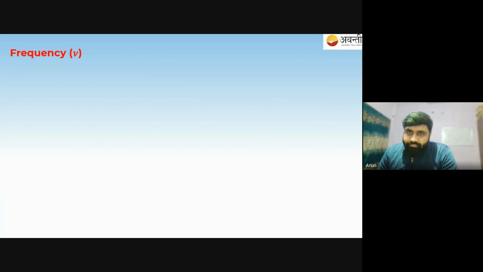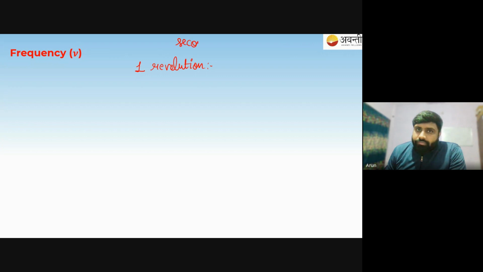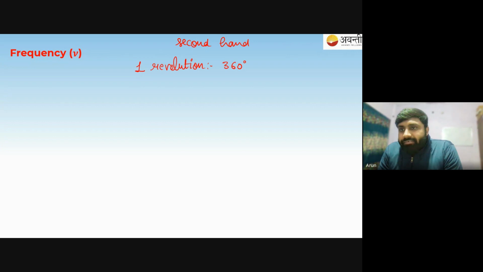Got it? Same thing, if I talk about one revolution of the second hand. One revolution is 360 degrees because it is rotating completely. Complete circle means 360 degrees. So how many revolutions has it covered in 1 second?